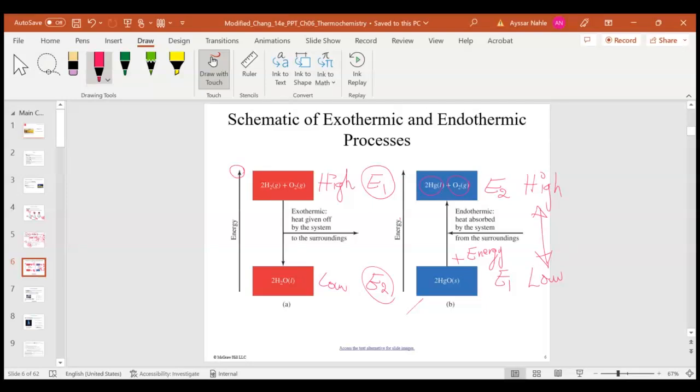From the surrounding. So the surrounding gives this energy, and this HgO will be converted to Hg and O2, and we call it endothermic reaction. So this reaction is endothermic, and this reaction, I would say in here, minus energy, which is the delta. This is plus energy, and this is minus energy. The system lost energy, and the system in there gained energy. Is this clear? Yes. Okay.